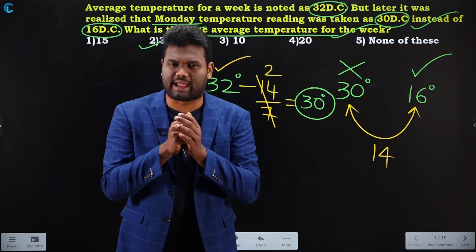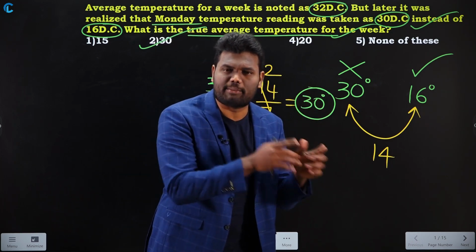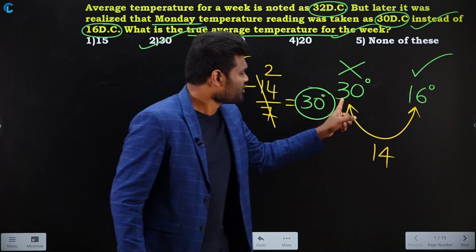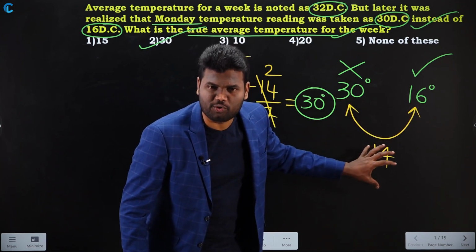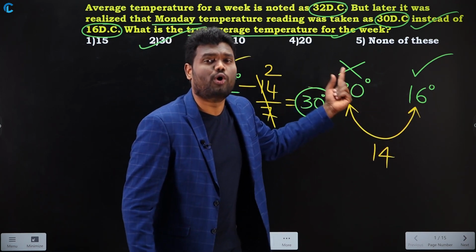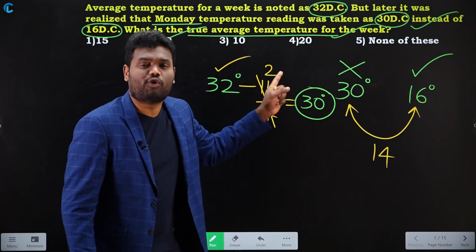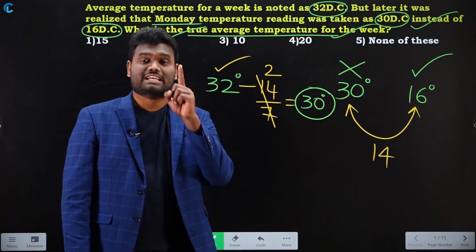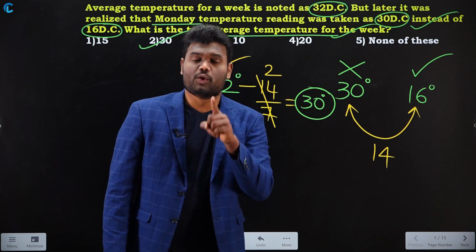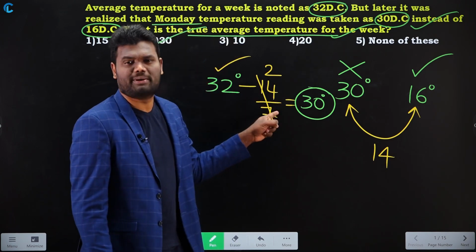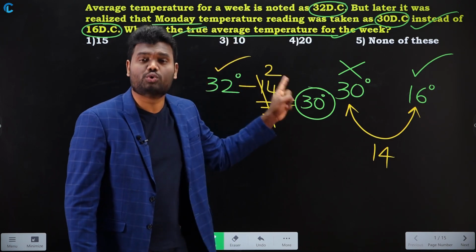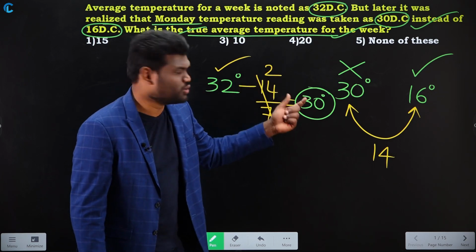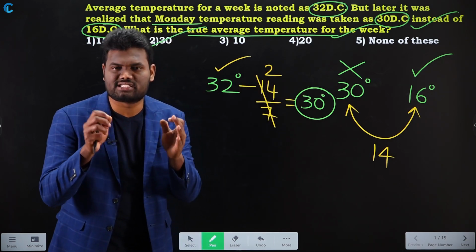Here, the difference of 30 and 16 is 14. As the wrong value is more, I need to subtract it. So 14 divided by 7, because for a whole week it was mentioned, and a week is 7 days. 14 by 7 is 2, so 32 minus 2, the answer is 30 degrees Celsius.